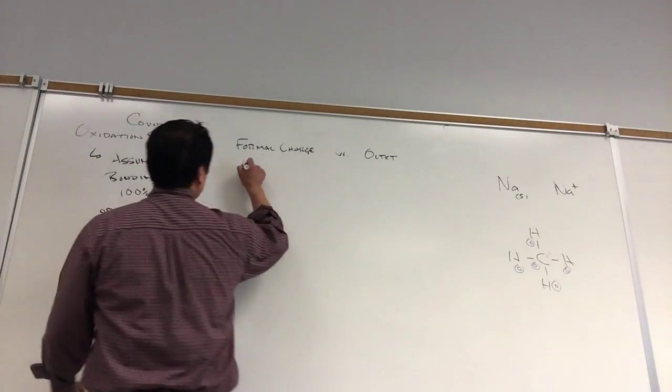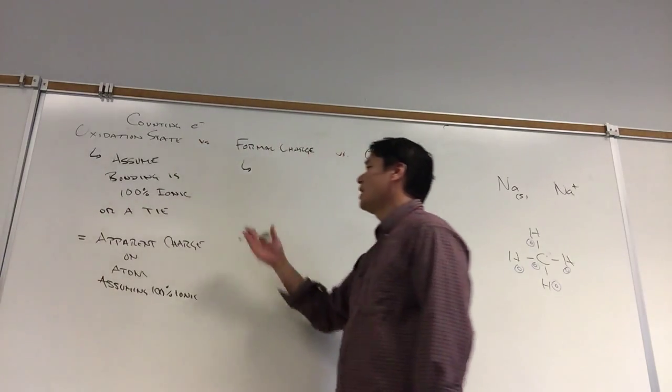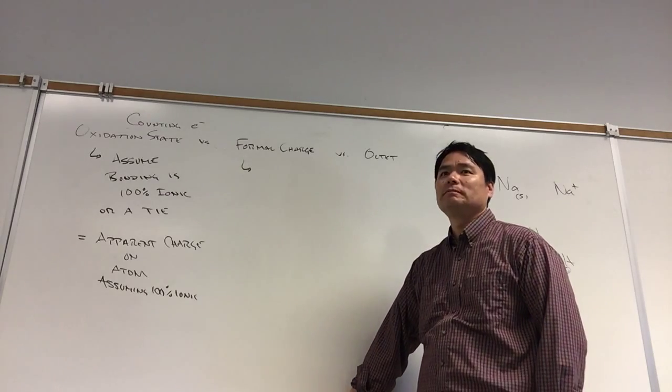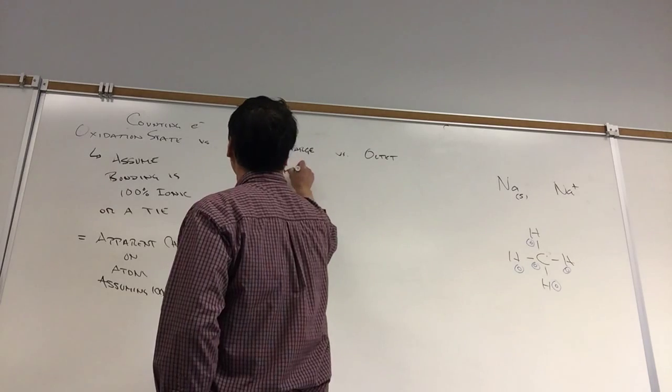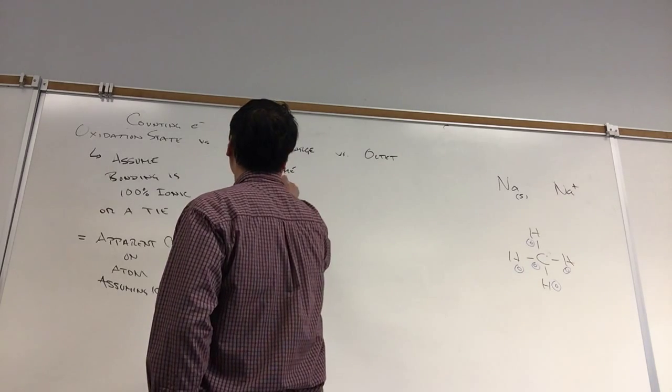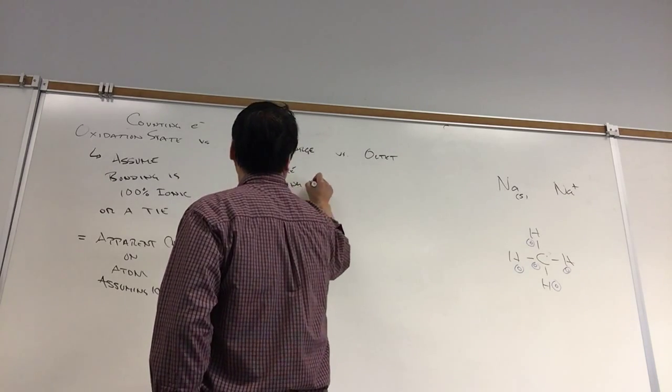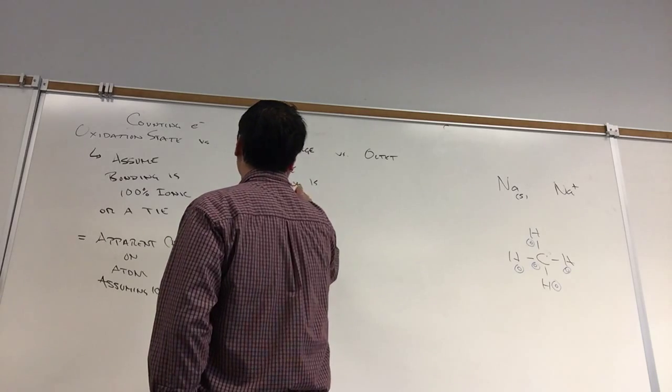Formal charge is just the opposite extreme. If it's not an ionic bond, then what type of bond is it? Covalent bond. And so for formal charge, what we do is we assume the bonding is 100% covalent.